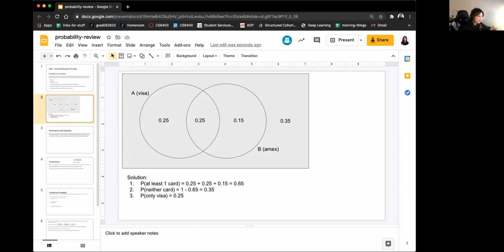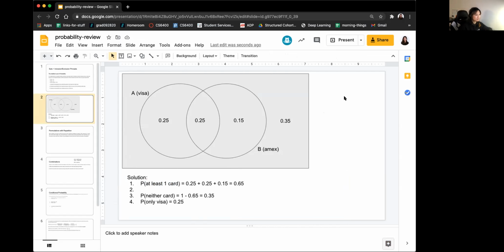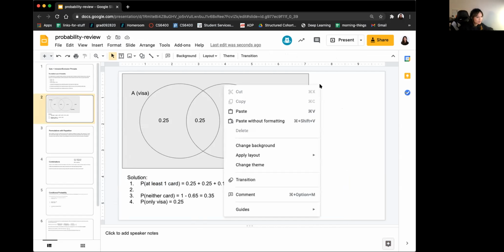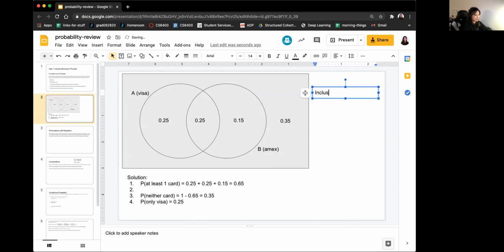But if you want to do it the formula way, we can do that as well. So for example, what we have to do then is reframe these probabilities into something that we can use our formulas for. The main one here is the inclusion exclusion principle.